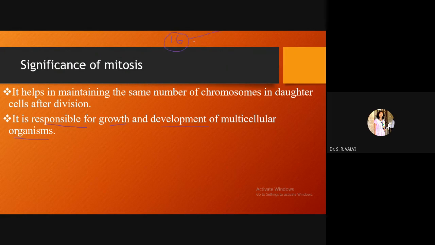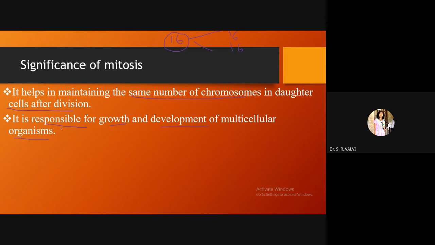There is no change in the chromosome number. If the chromosome number changes, then some kind of abnormality will compulsorily occur within the cell, right? So the same number of chromosomes is going to be in a daughter cell after division. So that is the first significance of mitosis.